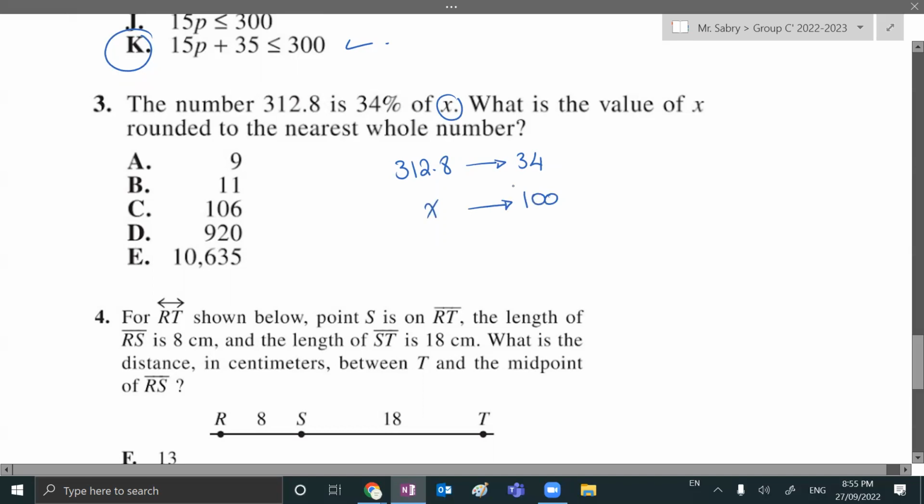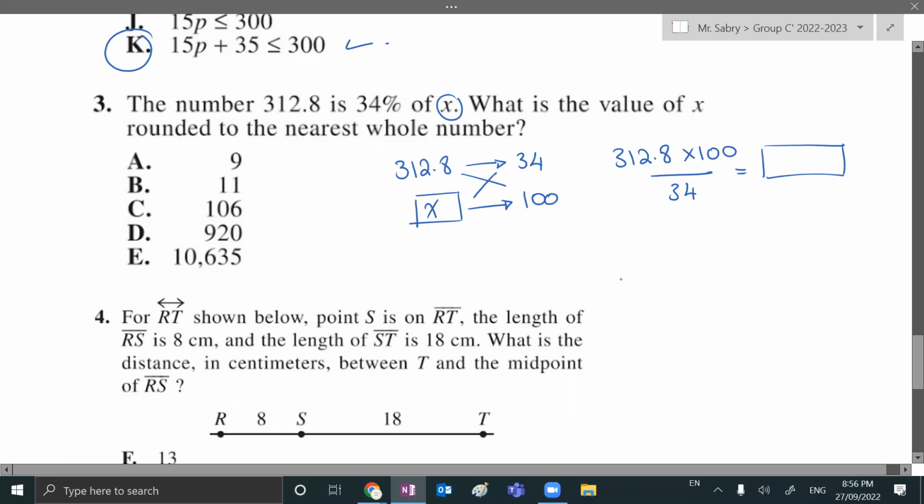This was the original price. This was the original amount. X was the full amount. So if I need to find what is the value of x, I'll just cross multiply. I'll put 312.8 multiplied by 100 and then divide that by the 34. This is one way to do it.